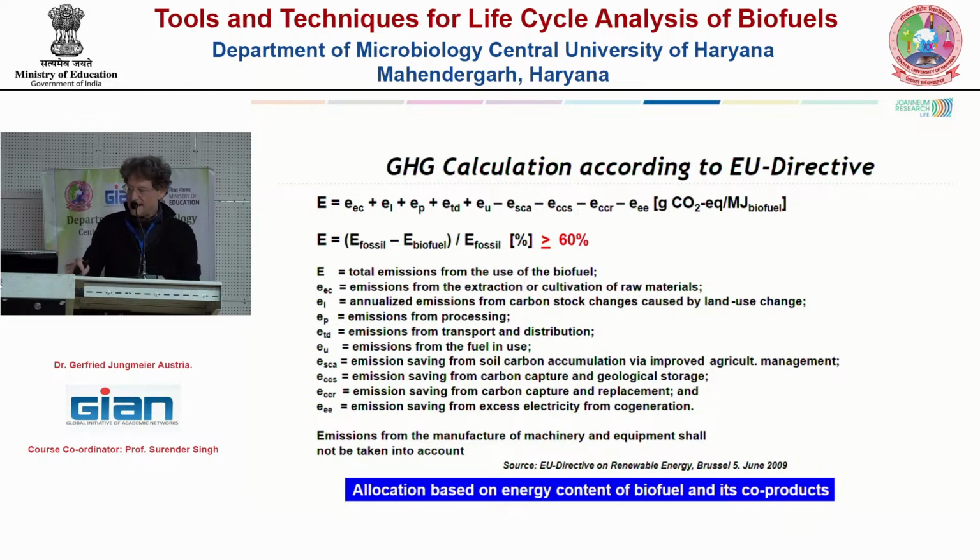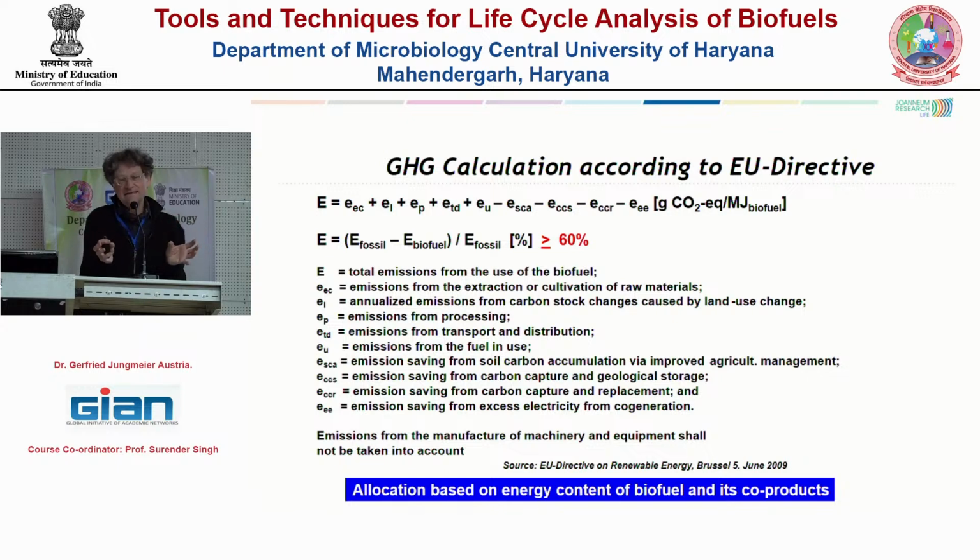And the main simplification in this methodology is, on one hand, they apply only energy allocation. So it's only energy allocation, which in most of the cases gives you lower greenhouse gas emissions than the substitution approach, but this is for simplification. And secondly, the emissions from the production and end of life phase are not included.